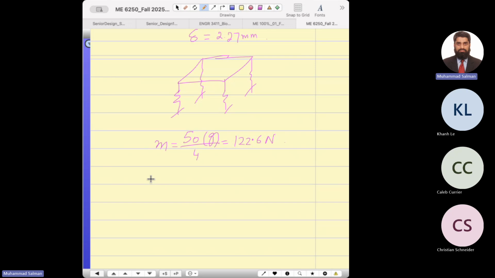So I would say 110. So we should mount the instrument on a block weighing 150 minus 122.6. Let me show you this one.